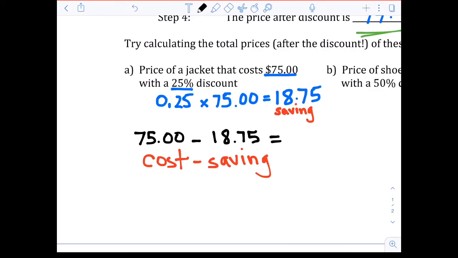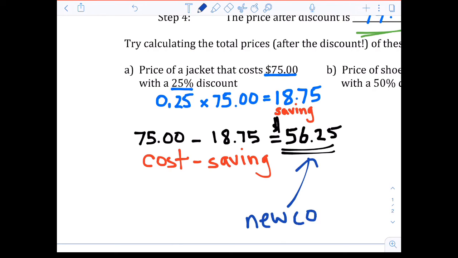It originally was $75, and I'm going to subtract my savings of $18.75, and it's going to cost me $56.25 to buy the jacket now. And that, as I said, is our new cost. And that's how it works.